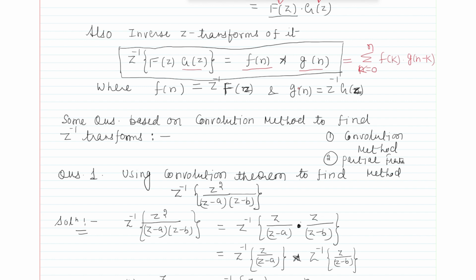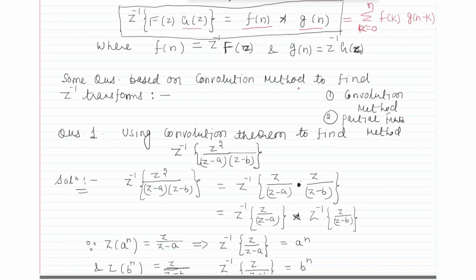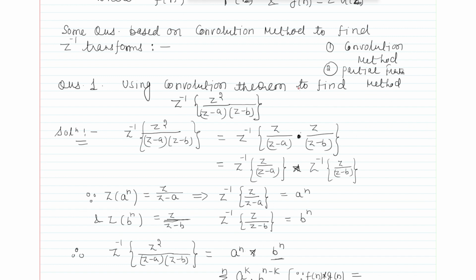So let's see now how to solve some questions of the z inverse transform by using the convolution method. Actually there are many methods by which we can find the z inverse transform. The first method in our course is the convolution method, and the next method is the partial fraction method.